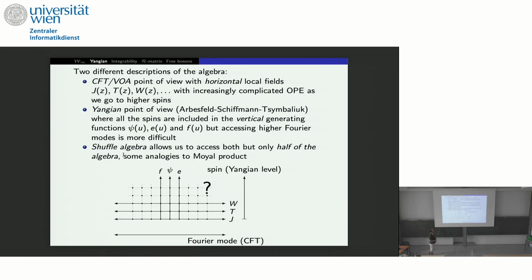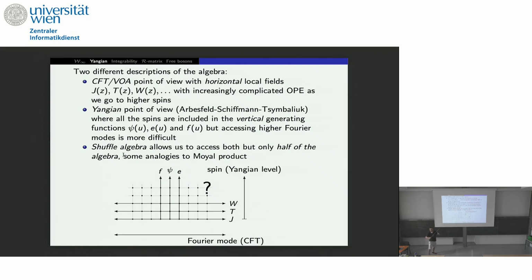On the other hand, what this Yangian description does is resum over all spins at fixed Fourier mode. I have these creation, annihilation, and Cartan generators where I fix the Fourier mode to be -1, 0, and 1, and sum over all spins.